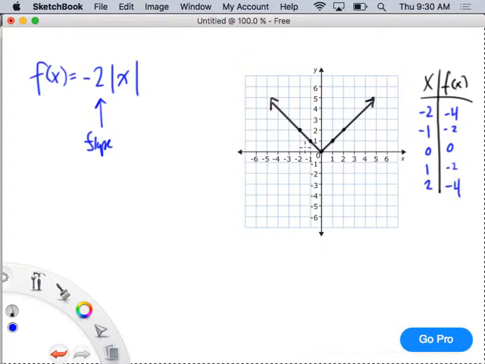Okay. So I plot my points: (-2, -4), (-1, -2), (0, 0), (1, -2), and (2, -4). I go ahead and plot my lines.